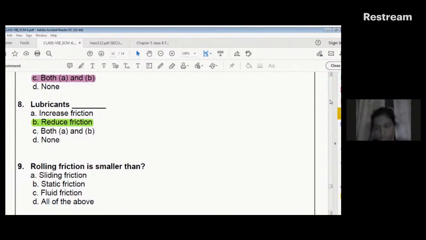Fluid friction we don't generally say it. So the answer for this will be number D, right?